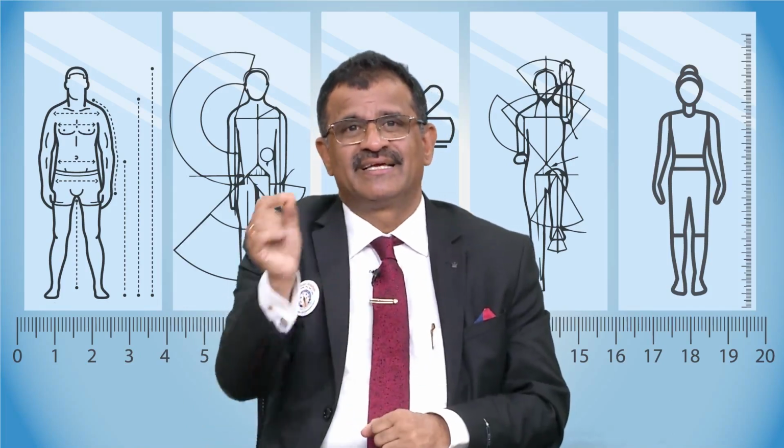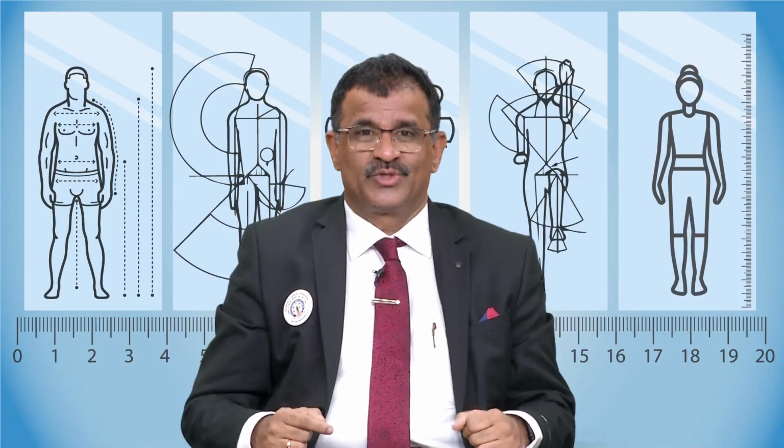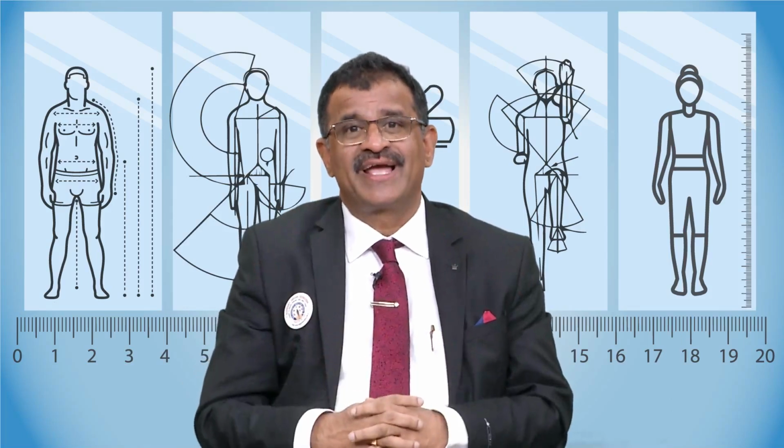Only this MUAC tape will tell you the story of the full body, and that is why this is very common in practice. In earlier programs I told you about the bangle test.